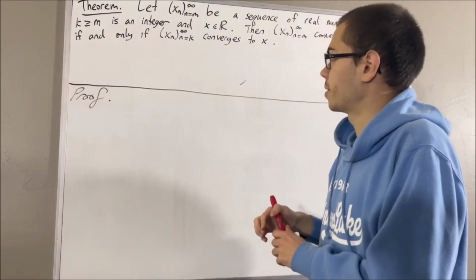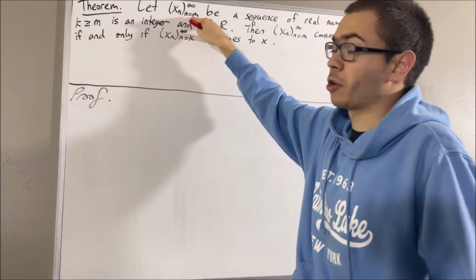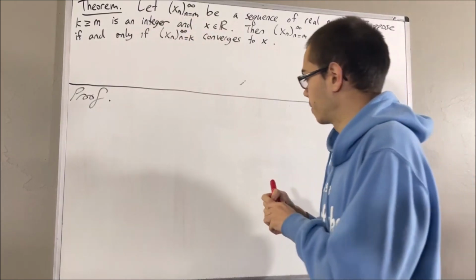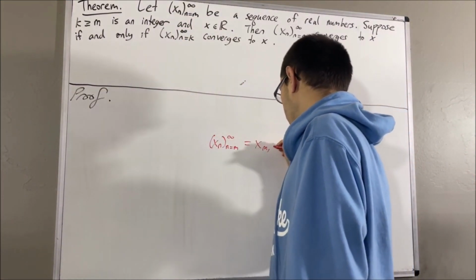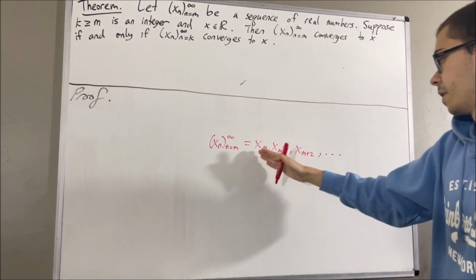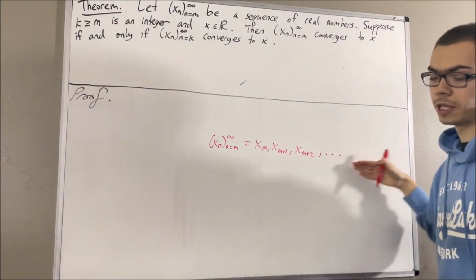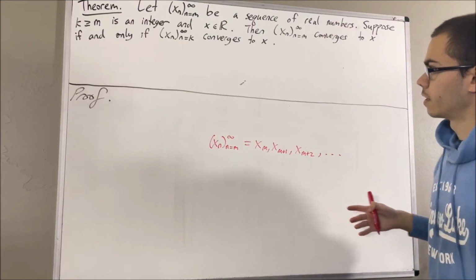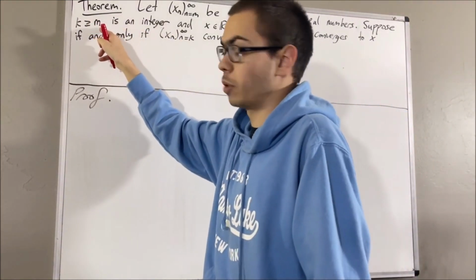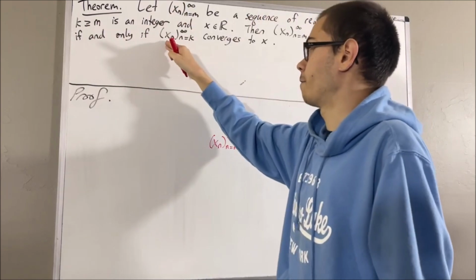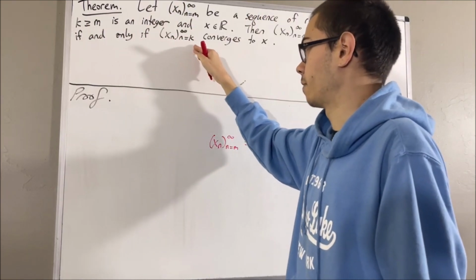So, as you can imagine, the sequence xn with starting index m looks something like this. Essentially it starts at xm, then xm plus 1, then xm plus 2, and so on and so forth. Since k is greater than or equal to m, certainly we have the sequence xn with starting index k.